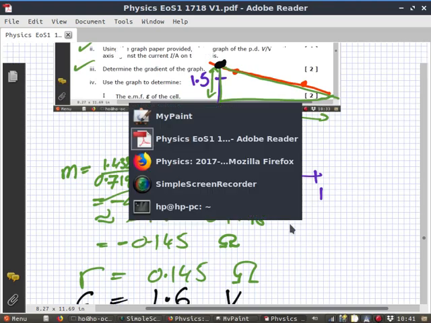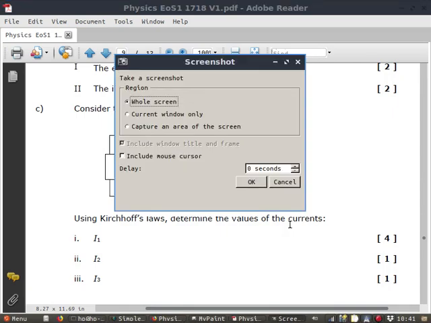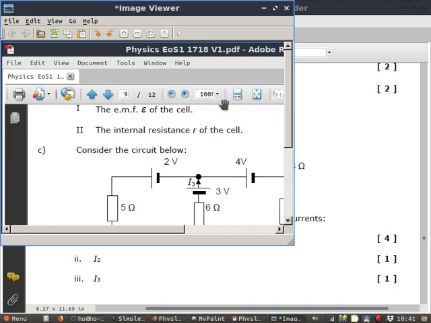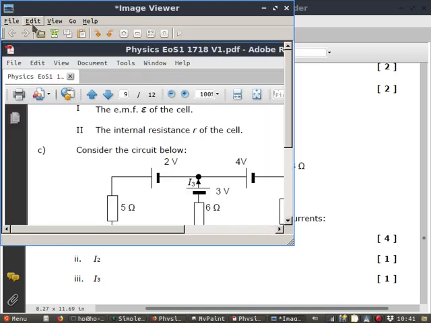Let me try my print screen again. Let's just try current window. No. Stop. How did I do this last time? Copy to clipboard.